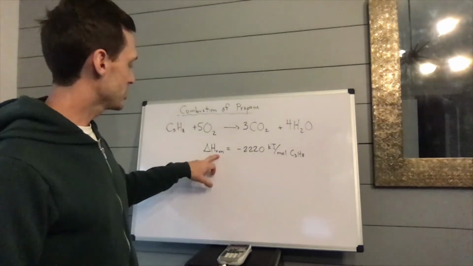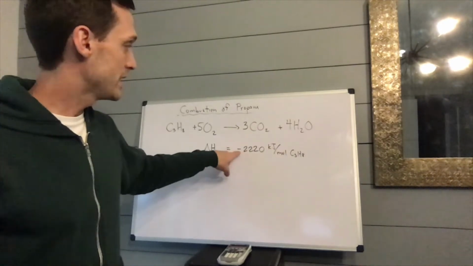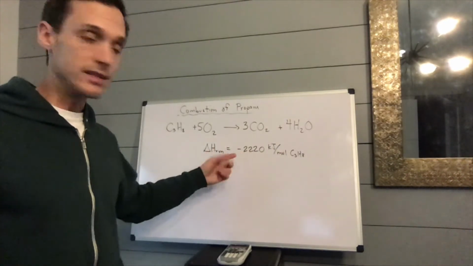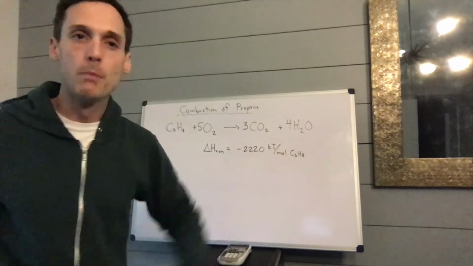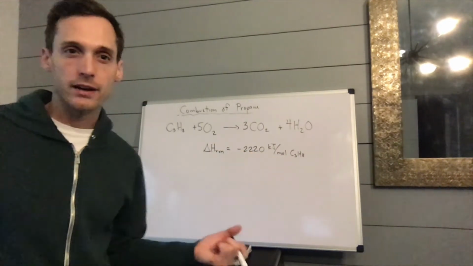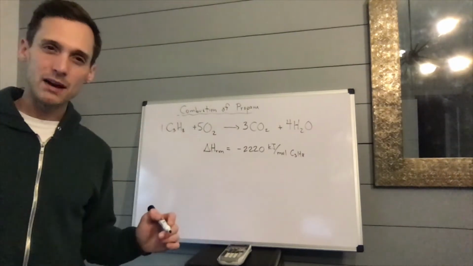This delta H of the reaction is just telling us how much energy in this case is released, because it's negative. This much energy is released for every 1 mole of propane that you react. So luckily, this is just a 1 out here.